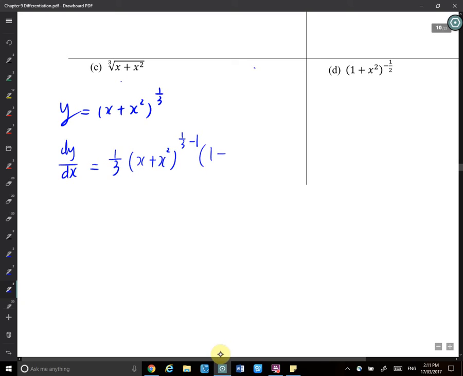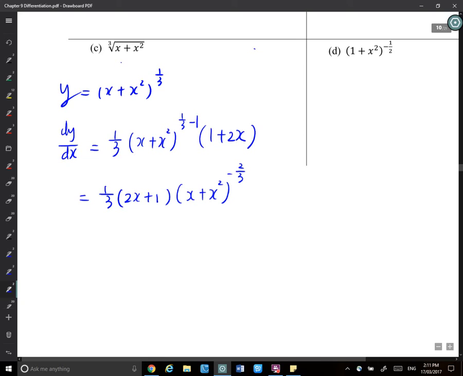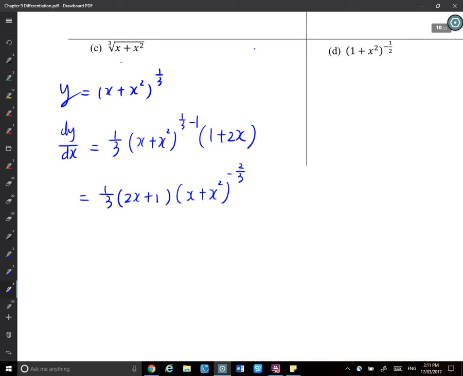You have 1 plus 2x. So what you have is a third, 2x plus 1, times x plus x squared to the power of negative 2/3. Okay, that's how we use chain rule.